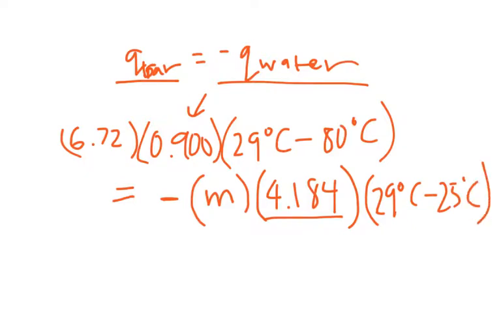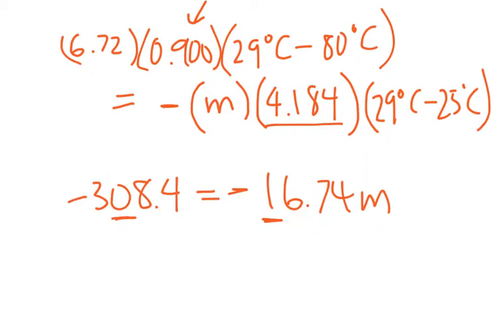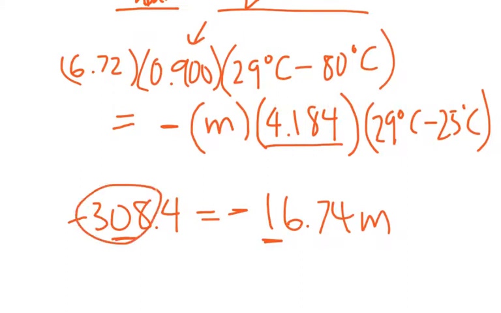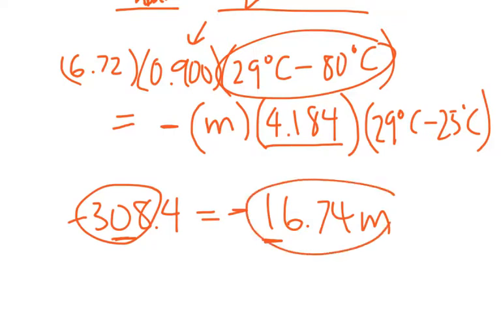Doing the math, we get this algebraic equation, and notice how I labeled the sig figs. This has two sig figs because 29 minus 80 is going to have 2 digits, and this has 1 sig fig since 29 minus 25 is 4, and that has 1 sig fig.